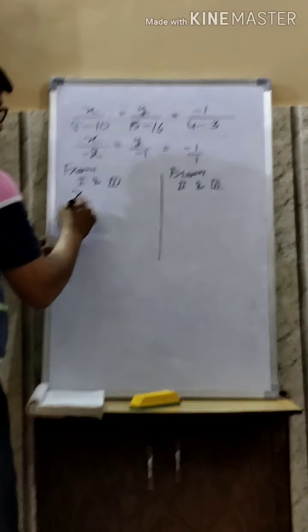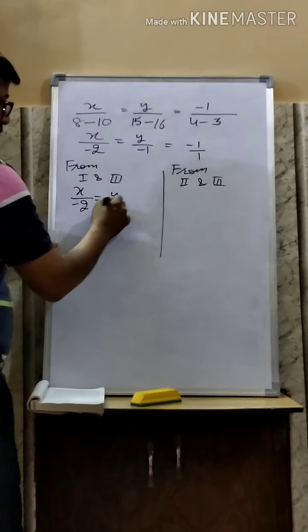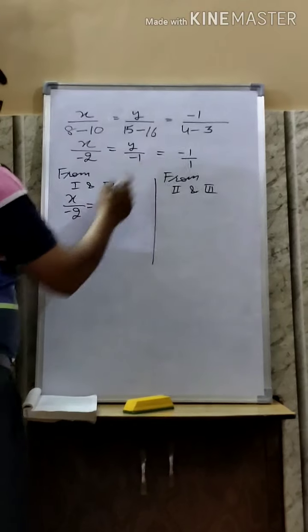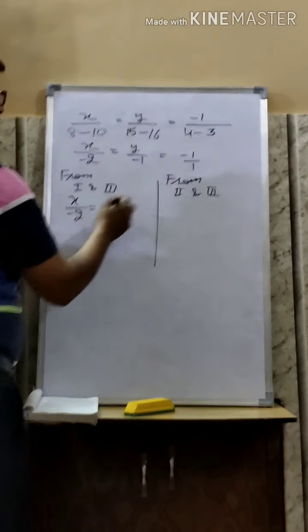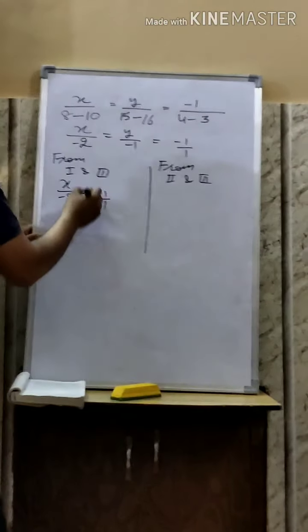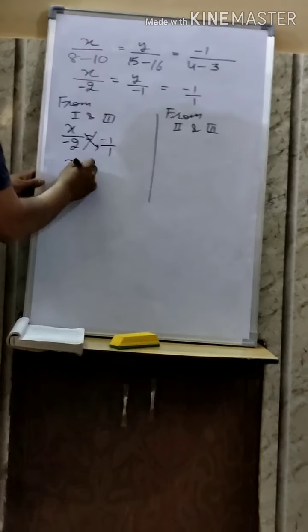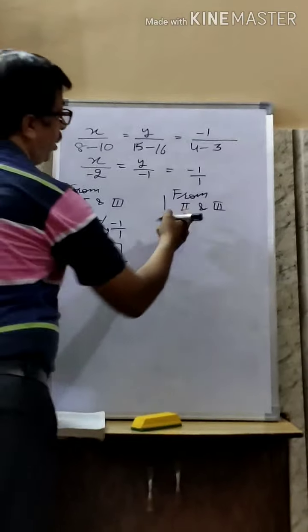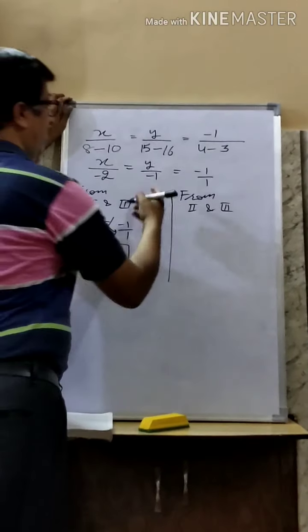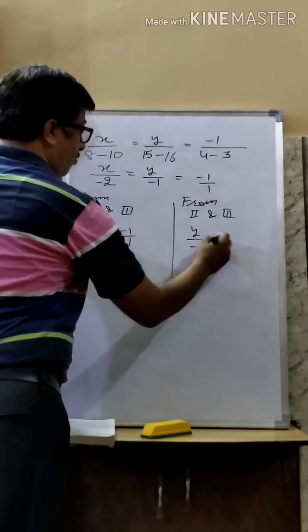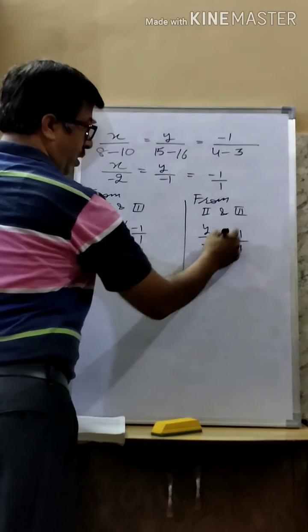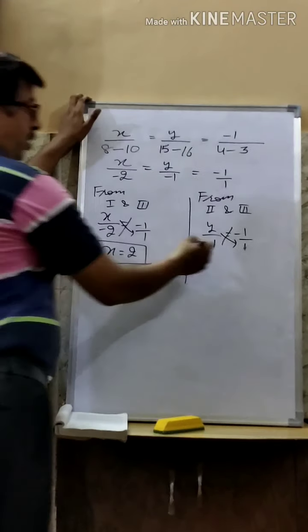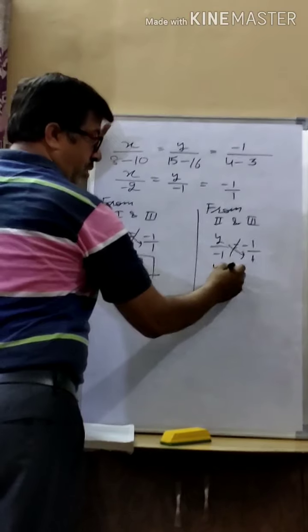So x by minus 2 is equal to minus 1 by 1, from first and third. Cross multiply, x is equal to 2. Then from second and third, y upon minus 1, minus 1 upon 1, cross multiply, minus 1 into minus 1, plus 1.